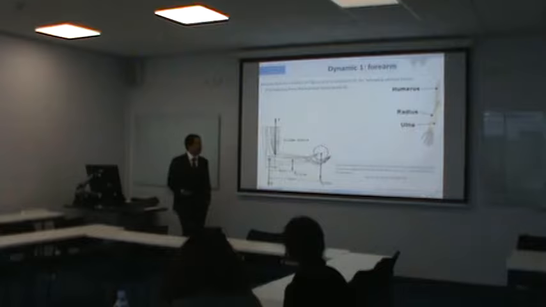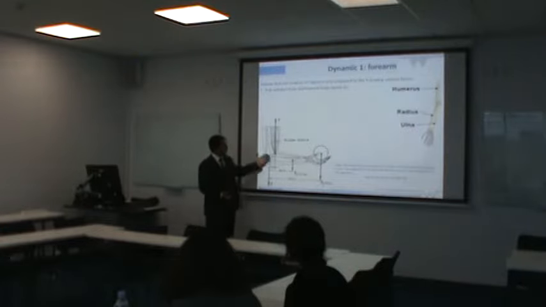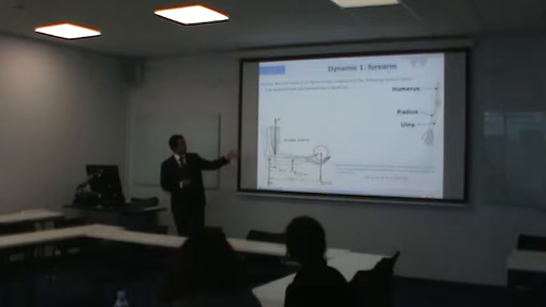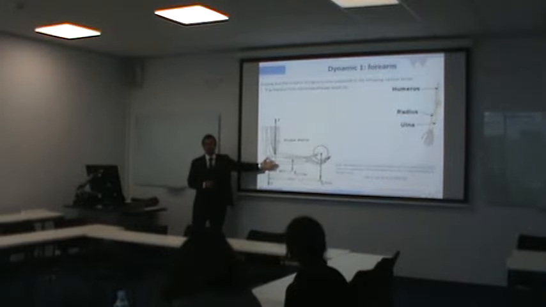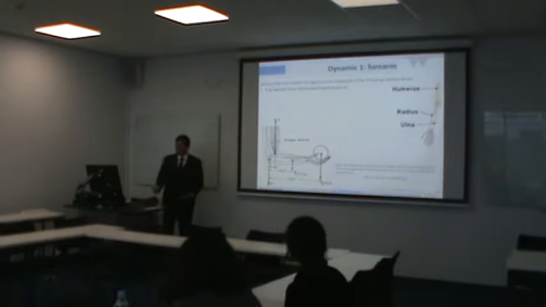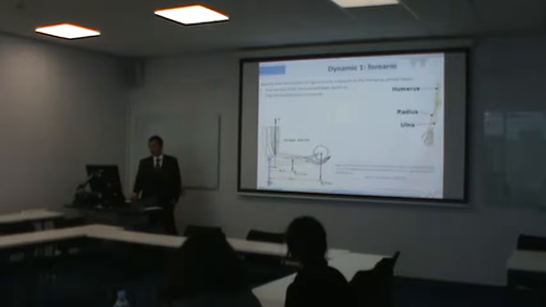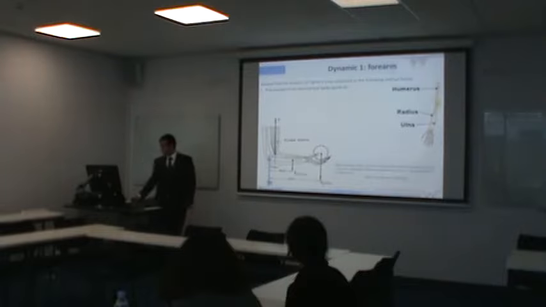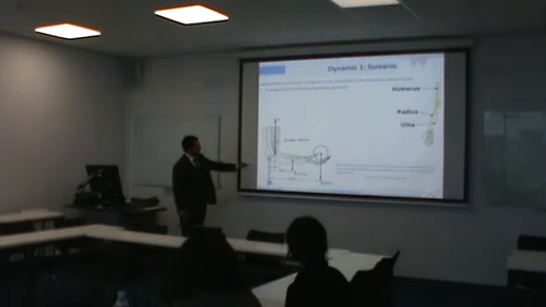This is a typical example of application of mechanical principles, this is static, to the study of the human body. It is a numerical example that I normally give to both undergrad and postgrad students.